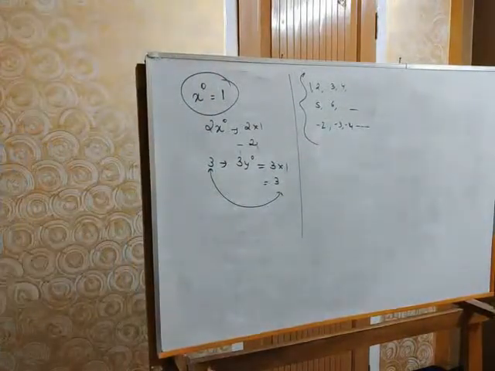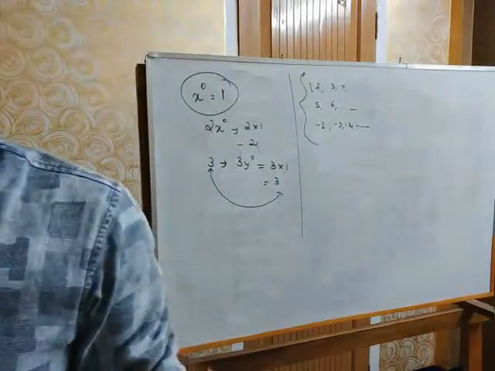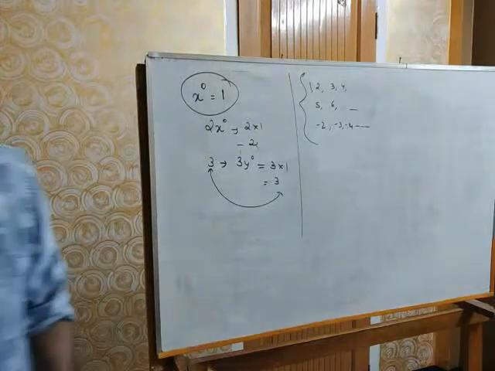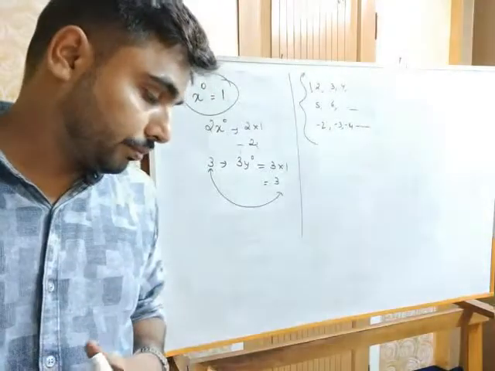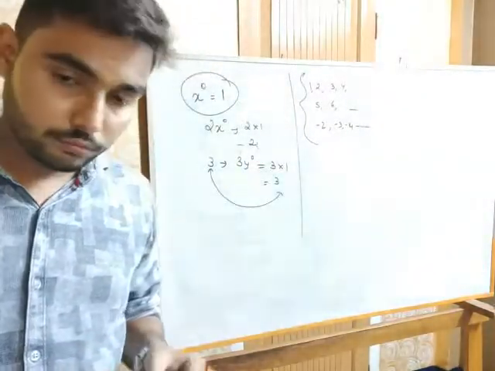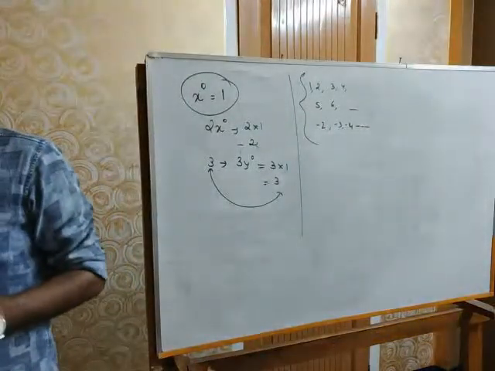Zero polynomial means constant polynomials whose value is fixed. Any doubt? Anyone got any doubt till here?